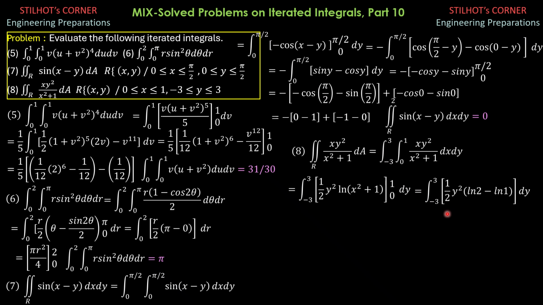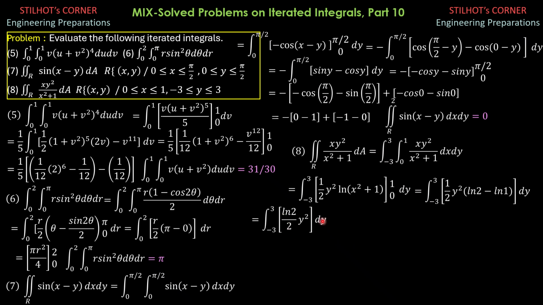And since y squared is an even function, the integral would be doubled. So from the property of even functions, we change these limits into 0 to positive 3, and we multiply the entire integral by 2. So that would be negative 3 to 3 of ln of 2 over 2 y squared dy.